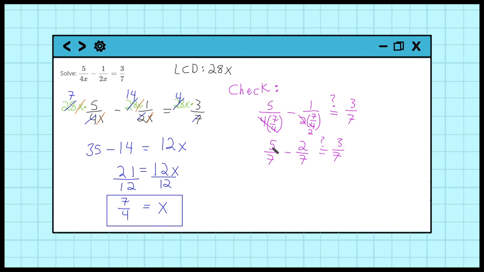But of course, 5/7 minus 2/7, 5 minus 2 is 3/7, which does equal 3/7. So it does work. I do get to keep my answer, input it into the homework system, get my points, and I am very happy. All right, that is your intro example to solving a rational equation.